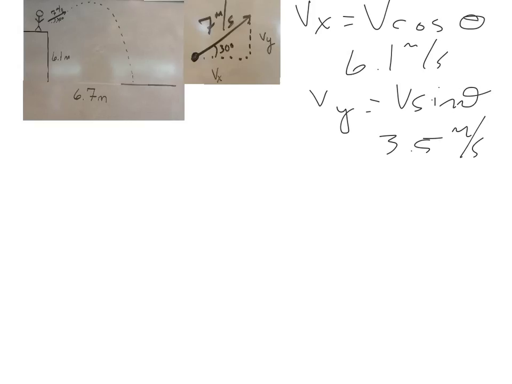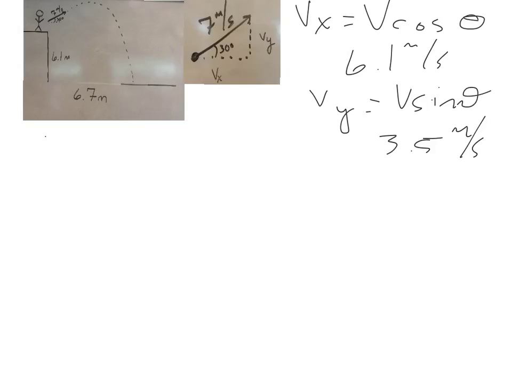So I know that he's going 6.1 meters per second in the x direction, and 3.5 meters per second in the y direction. And what I'm wondering, again, is if my displacement is this 6.7 meters or not. My equation for that: this is uniform motion in the x direction.